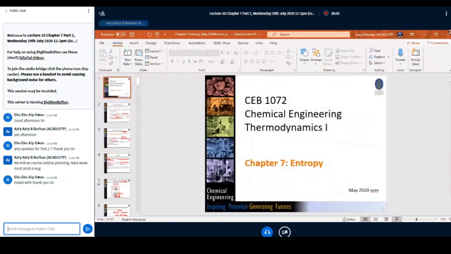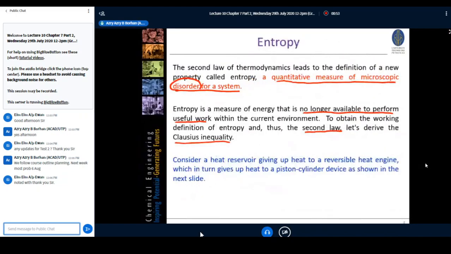So guys, starting from last week, you have started to make use of a new property called entropy, right? And how did we manage to come out with the working definition and equation pertaining to entropy? By making use of the Clausius inequality here.